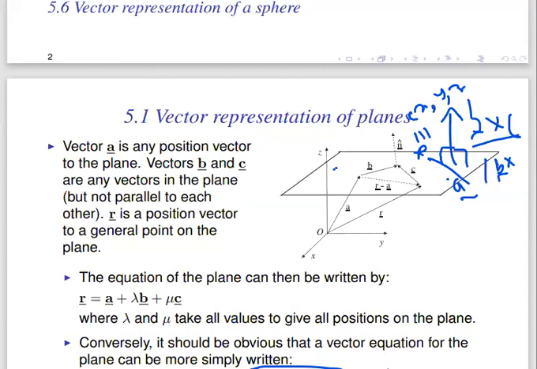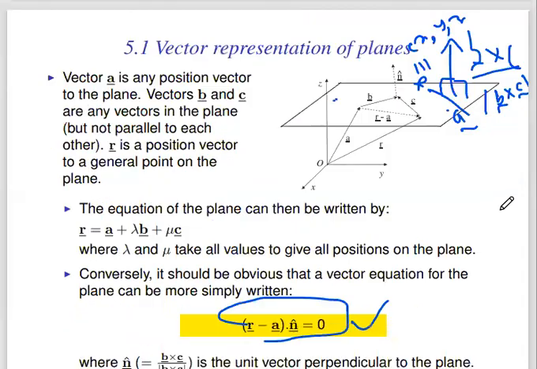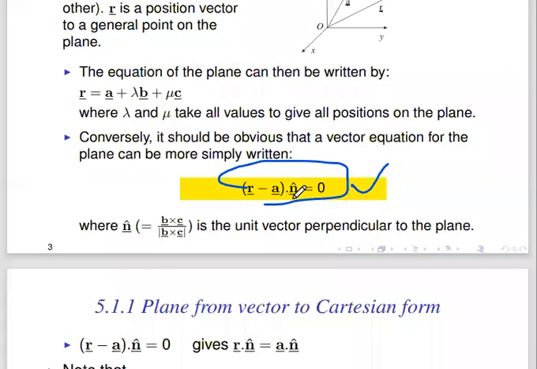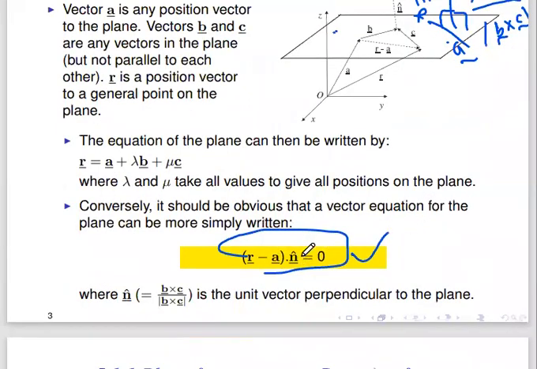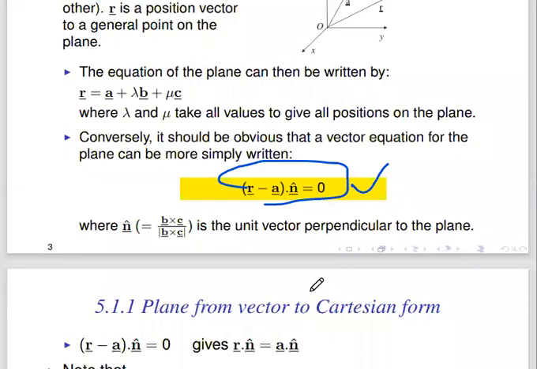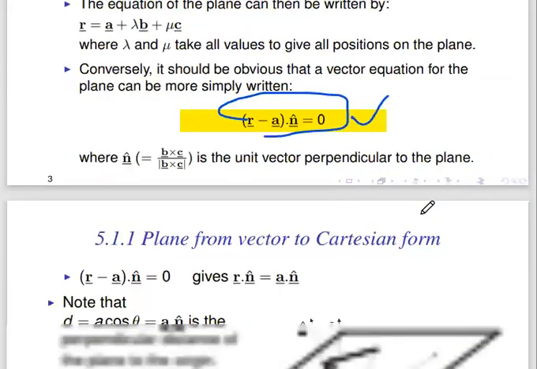So you can reduce the computational cost, the computational time, by finding the normal vector. Very easy. Just divide by its magnitude. That's all. You scale this B cross C by this.